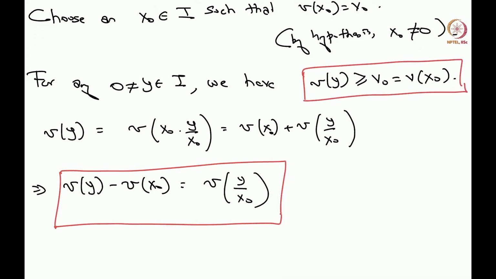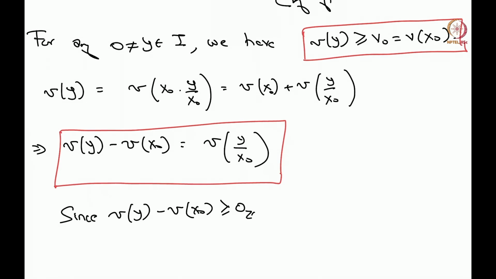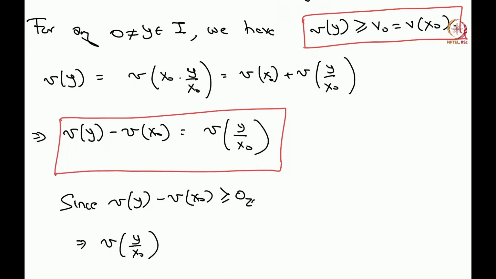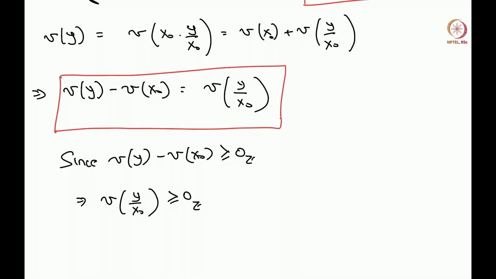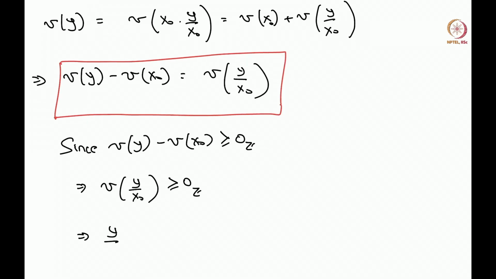Combining the two observations, the valuation of y minus the valuation of x naught is larger than or equal to 0, which implies that the valuation of y over x naught is also larger than or equal to 0. So y over x naught in fact belongs to R.